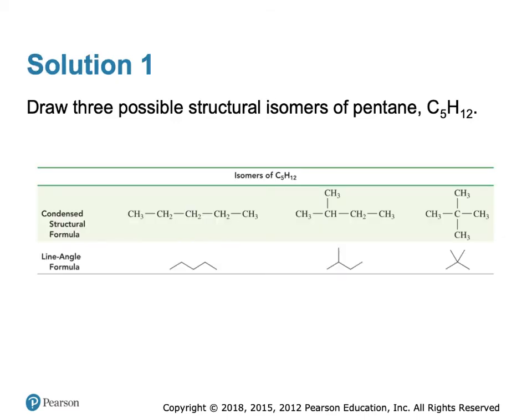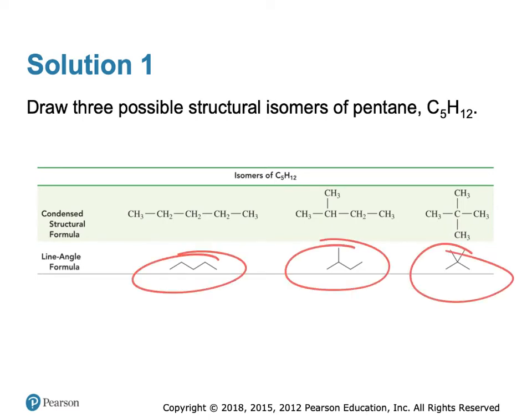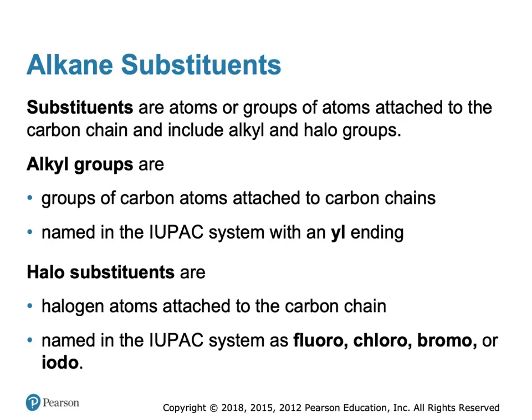Just in case you can't interpret my chicken scratch, you can see those line angle formulas here, and you also have condensed structural formulas for each in case you have trouble visualizing the line angle or bond angle formulas. When we go through this process of drawing the different constitutional isomers and you remove a carbon from the end of a chain and make it a branch point or a substituent, that carbon now becomes known as an alkyl group.